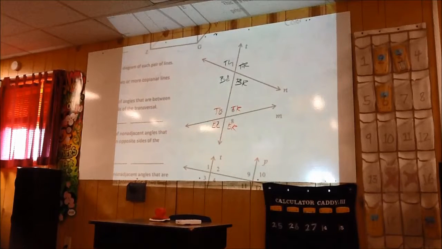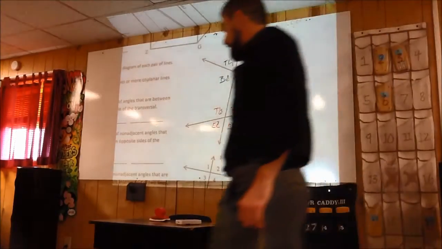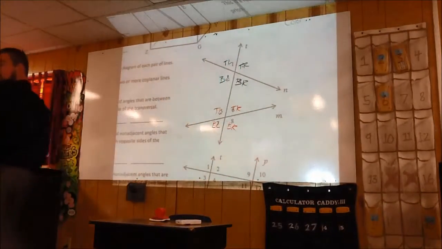We're referring to the diagram we just got done coloring. Only in the first blank, write two angles that are also corresponding. You're finding your own pair.